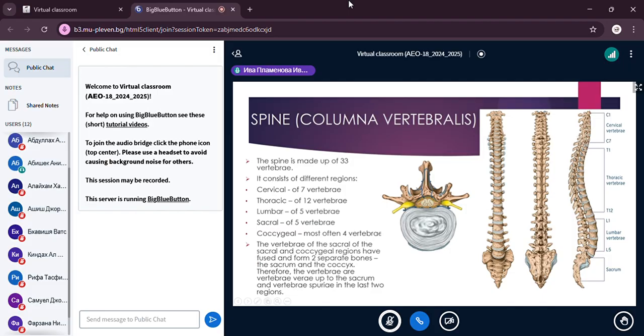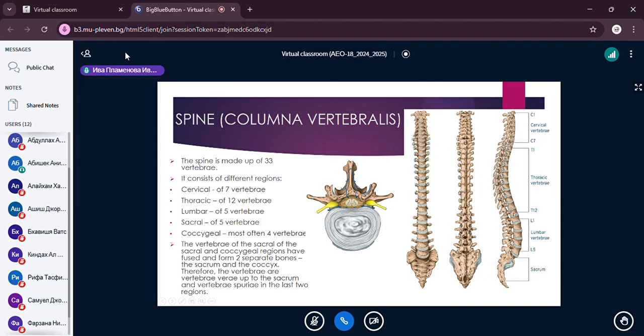We have 7 vertebrae here. From T1 or TH1 to TH12 is the thoracic region, 12 thoracic vertebrae. The next region is lumbar, from L1 to L5, and we have sacral from 5 vertebrae and coccygeal, most often 4.